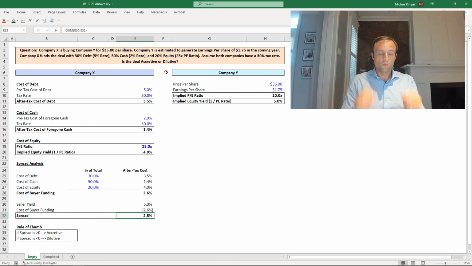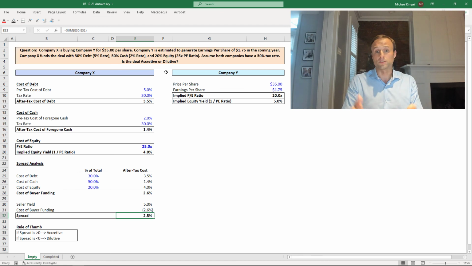Now, the one thing I want to note here is you really didn't have to go through all this math to figure out if this thing is going to be accretive, or at least directionally accretive. So really quickly looking at the data here, we can say, okay, well, there's a 20 times PE for the target. So we flip that and get to a 5% yield. Let's see where the sources of funding are relative to 5%. Well, if I look at debt, it's 5%. We know after tax is going to be lower.